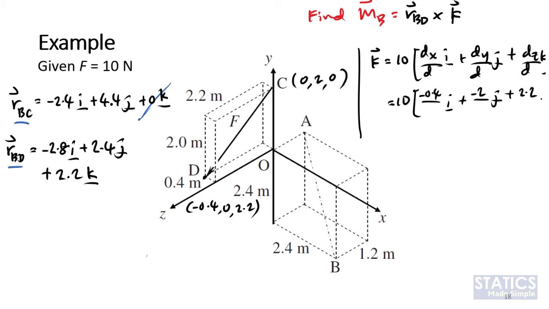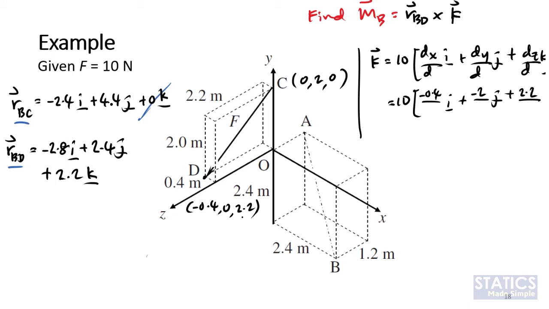If you are not clear how I get dx, dy, dz, simply take the coordinate x at point D, which is minus 0.4, minus the coordinate x at C. So minus 0.4 minus 0 gives minus 0.4. Along y, dy is 0 minus 2, so minus 2.